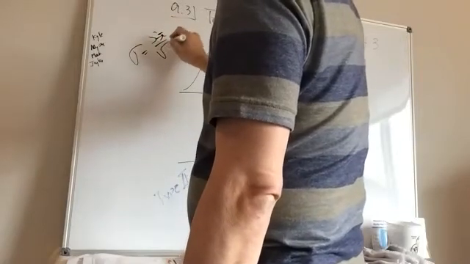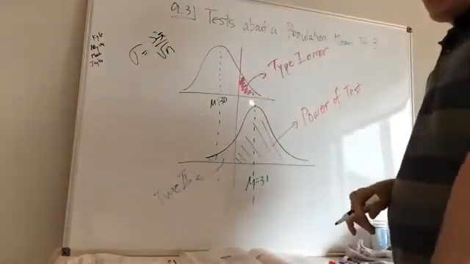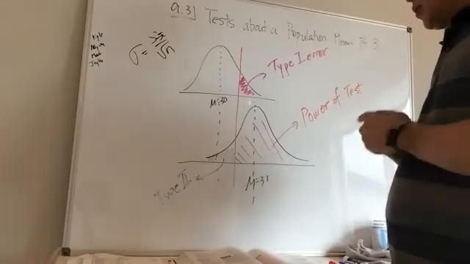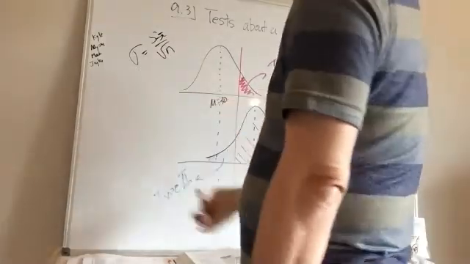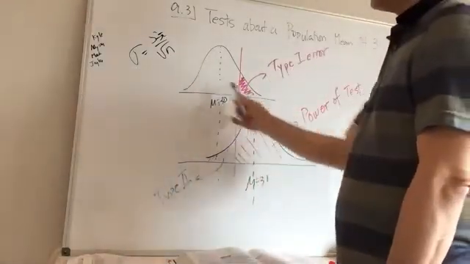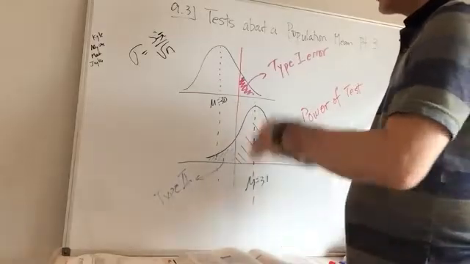As n goes up, your standard deviation of both of these is going to get smaller and smaller.